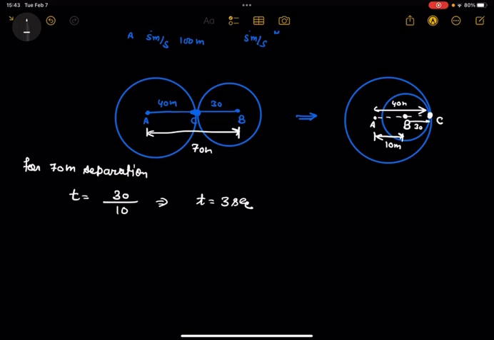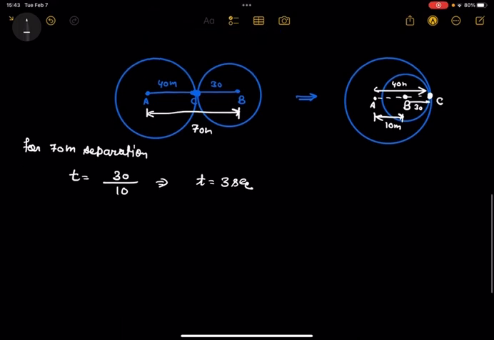Understood the condition? Now what is happening at 10 meters? How much distance is covered? 90 meter distance is covered. So for 10 meter separation, the new time t prime is 90 by 10, that is 9 seconds.